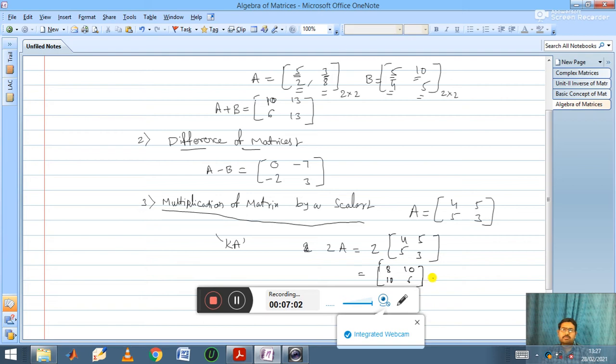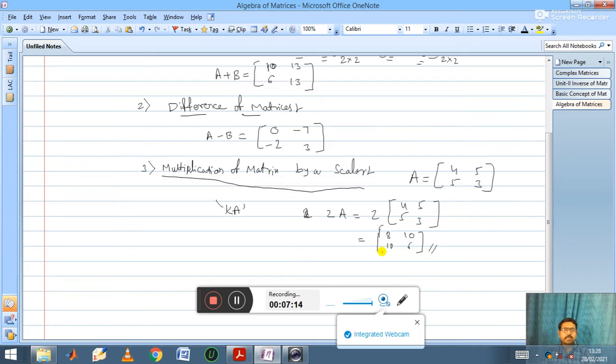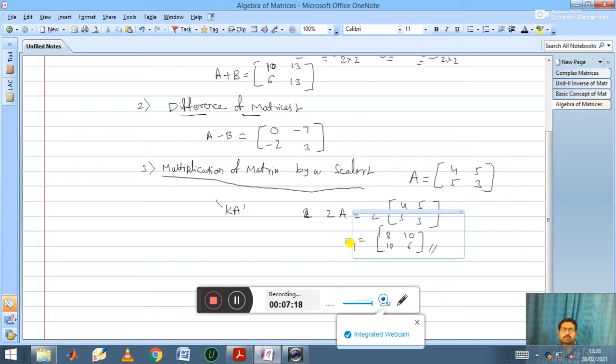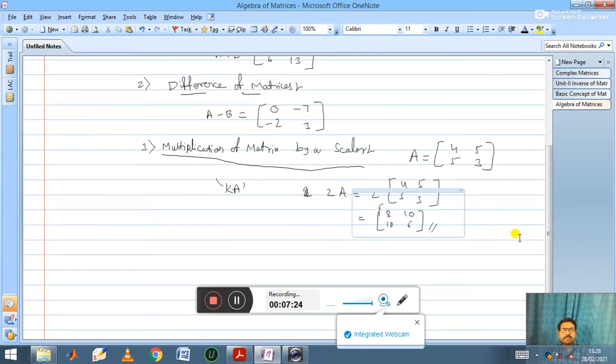So this is your 2A matrix. You are multiplying the scalar 2 with the whole matrix A. Similarly, you can multiply any scalar, like 9, into the given matrix A. This is known as multiplication of a matrix by a scalar.